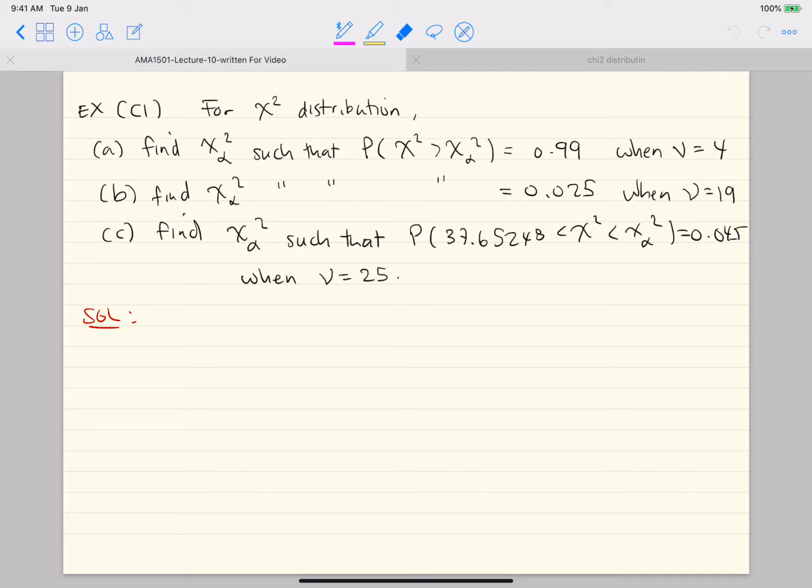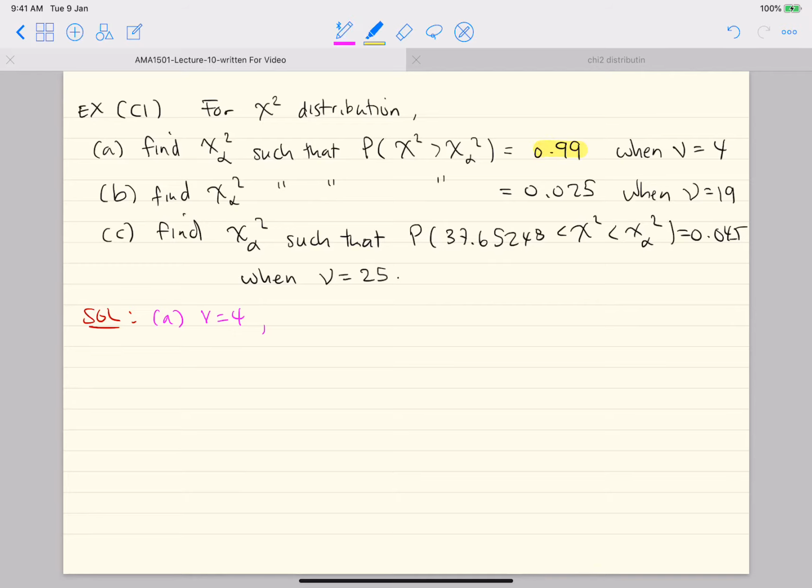So let's do A first. Here, our degrees of freedom is 4, and the area to the right of this chi alpha is 0.99.